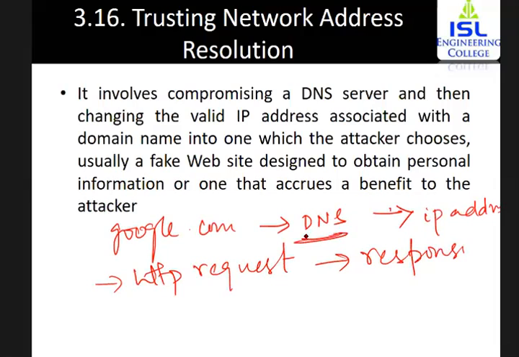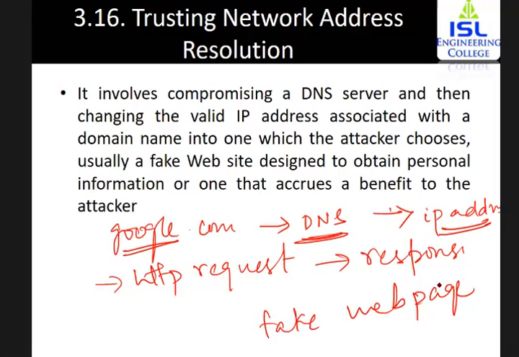Now, if you make changes within the domain name system, either within the initial name or within the IP address, then the user who requested a specific page is directed to a fake web page. This fake web page can be designed in such a way that all of the user input can be captured. All of your credentials and all of your personal information can be obtained. That is the trusting network address resolution problem.